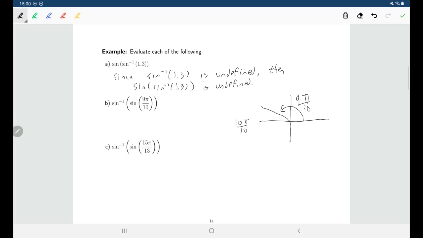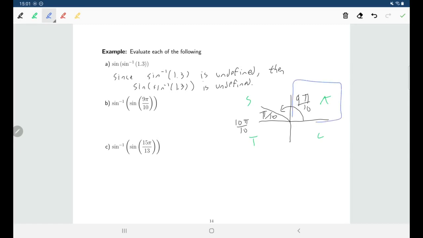So that means 9 pi over 10 is a little bit above that negative side of the x-axis. And that also tells me that my reference angle should be pi over 10. So the one thing that we know here, if we're thinking about quadrants, we know that we're in a quadrant where sine is positive.